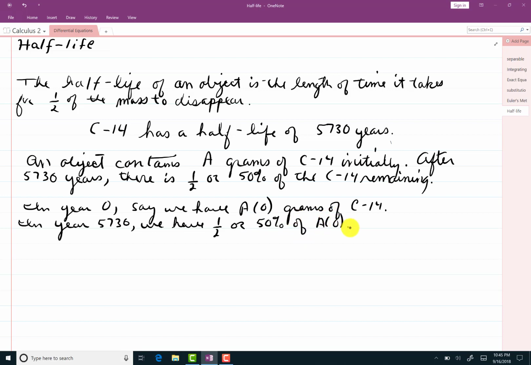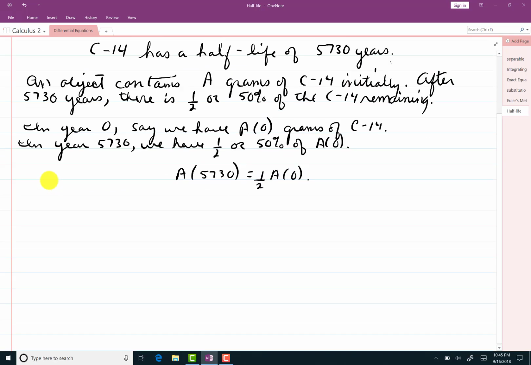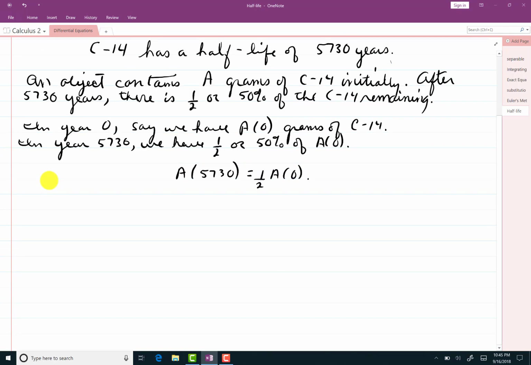In particular, I know that A of 5730 equals 1/2 A of 0. A lot of times we'll use A sub 0 to represent an initial amount, if you will.